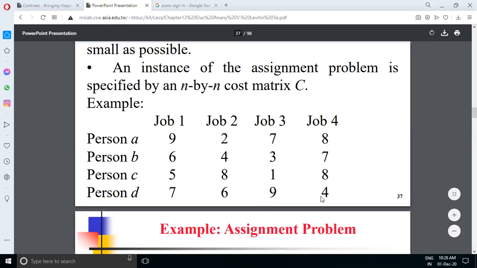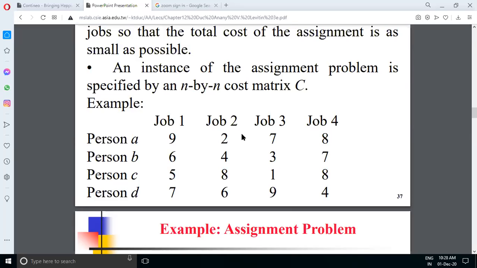4. 7, 6, 9, 4. Okay. So if I pick up the minimal value in each of the rows and add the total cost, that is the lower bound I'm going to keep for this job assignment problem. I'm trying to assign jobs to different persons such that the cost of the assignment is as small as possible.